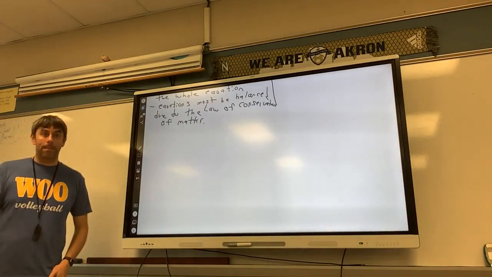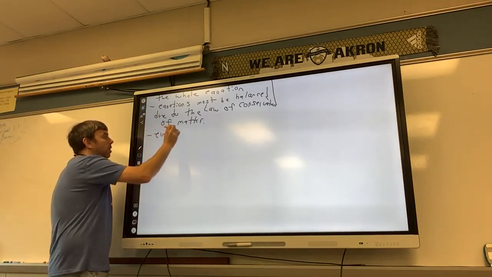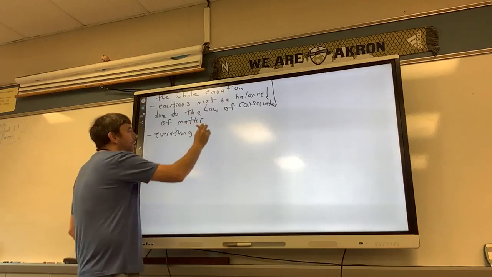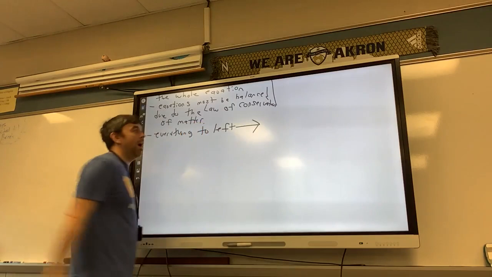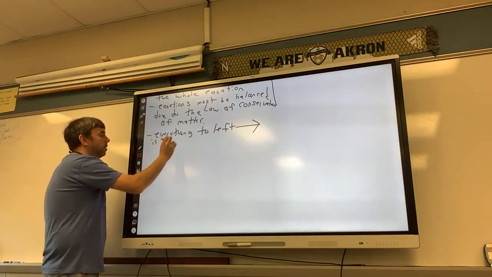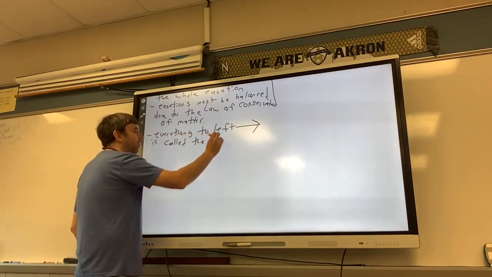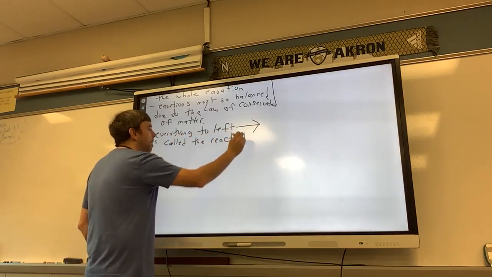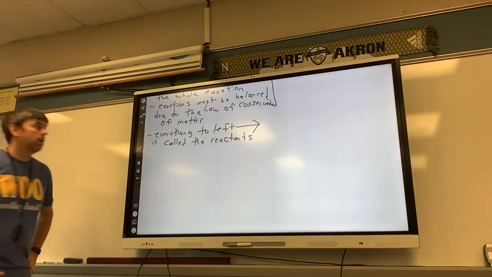We good so far? A couple more basics. Everything to the left of the yield sign is called the reactants. So my ingredients, or what I'm starting out with, are called the reactants.